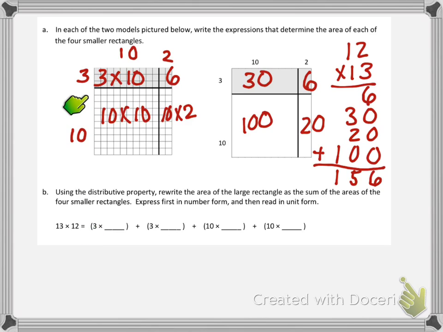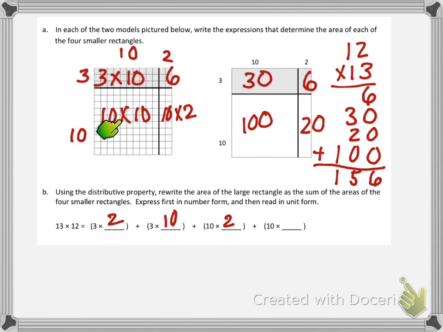But over here, we're doing 3 times 2 to get 6. And I'm going to put a 2. Excuse me, let me erase that. Over here, we're doing 3 times 10 to get 30. And then over here, we're doing 2 times 10, to get 20.